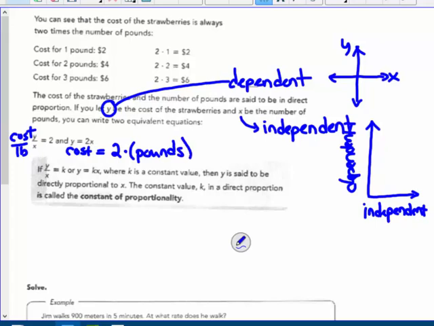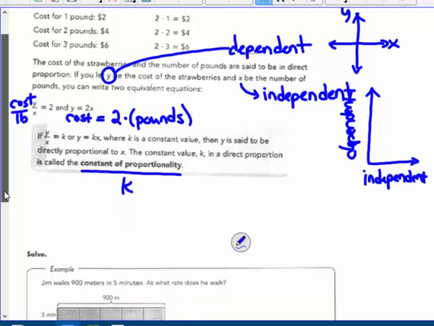So if y over x equals k, a constant, and y equals kx, where k is a constant value, then y is said to be directly proportional to x. The constant value k, going to be important that you remember that, it's a k, in a direct proportion is called the constant of proportionality. So k equals the constant of proportionality.